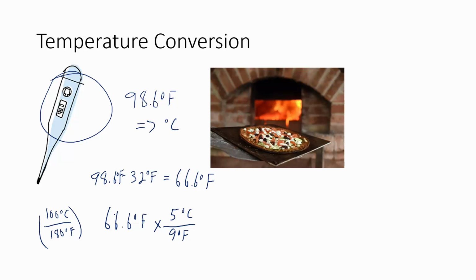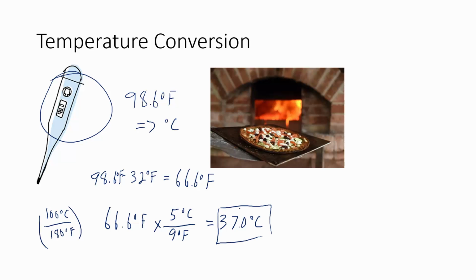Right? That was our number of degrees between boiling and freezing. So that's our conversion factor for this particular set of units. Okay, so when we do this, times 5 divided by 9, we get 37.0 degrees Celsius.